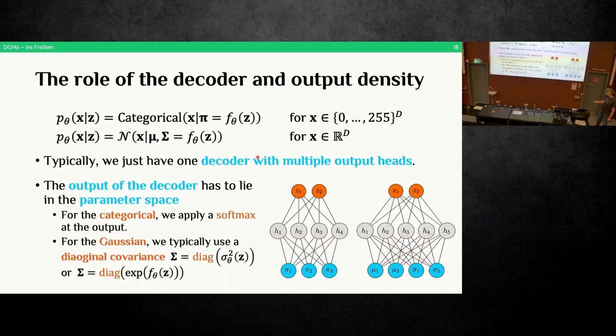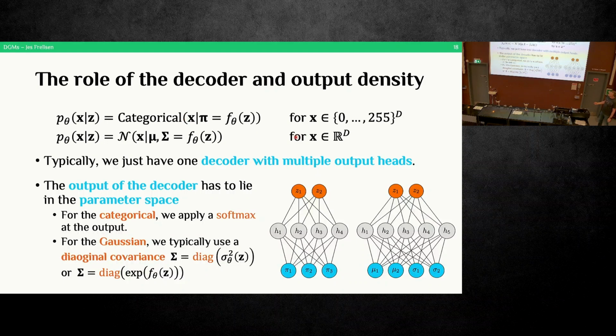So we take our set, put it into our decoder, and then we get the probabilities out for the different, in this case, 3 different classes in the categorical distribution. In the categorical setting, we would have a softmax at the output of our network, because we have to ensure that the output of the decoder lies in the parameter space of a categorical, and for the categorical, the parameters need to lie in this probability simplex.